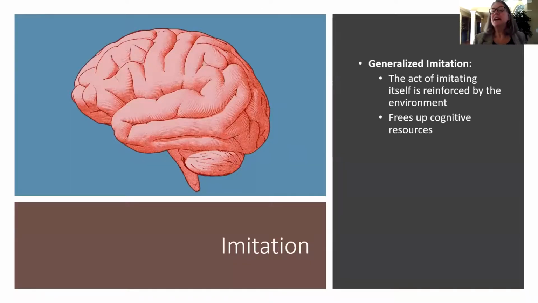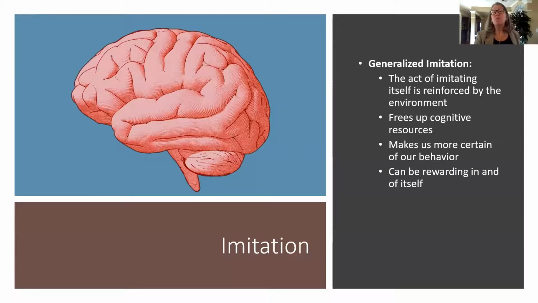When the act of imitating itself is reinforced by the environment because it frees up cognitive resources, or because in many instances we've been rewarded in the past, so we think it's going to work here too, we're going to call that generalized imitation. And we're more likely to use generalized imitation when we're less certain of our behavior and if it's been rewarded in the past.